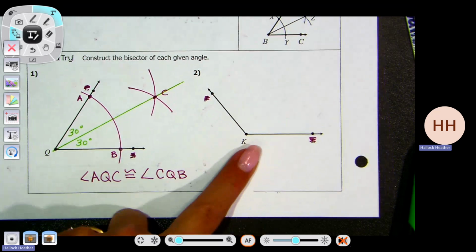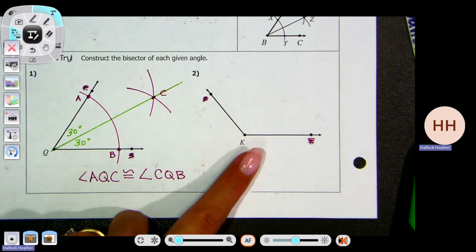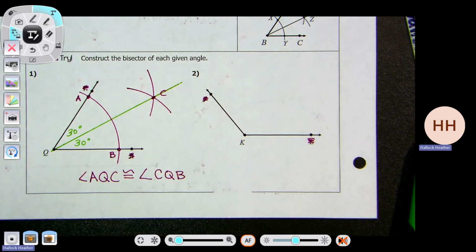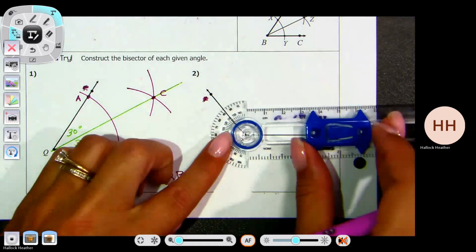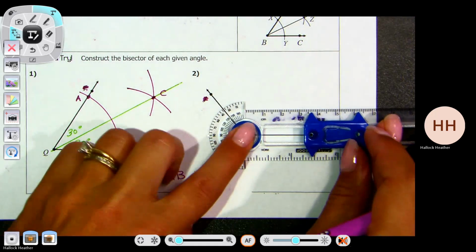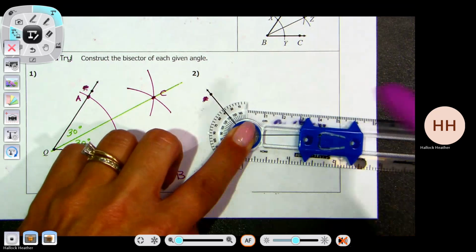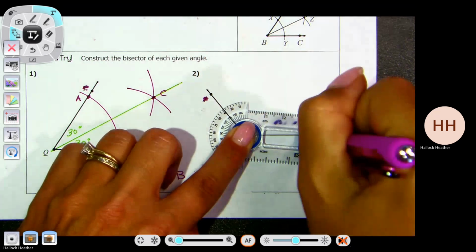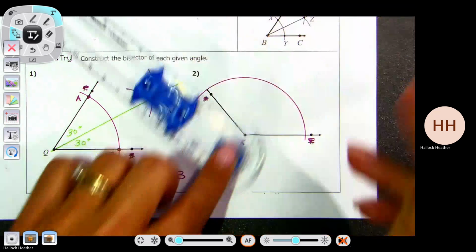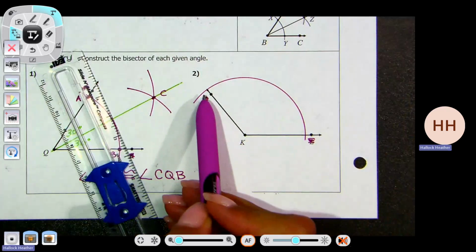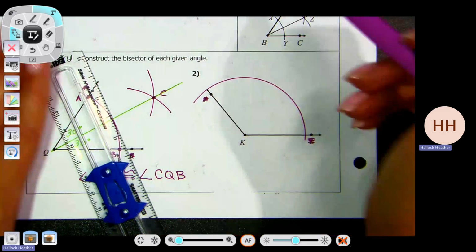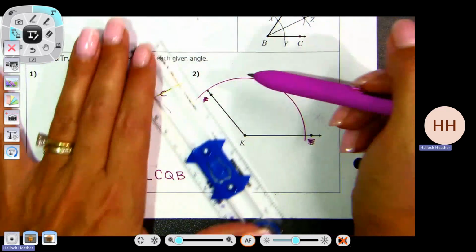The first step is we're going to draw an arc that goes through both rays. If yours was a little too big, you can extend your ray. Even mine was right at the end.